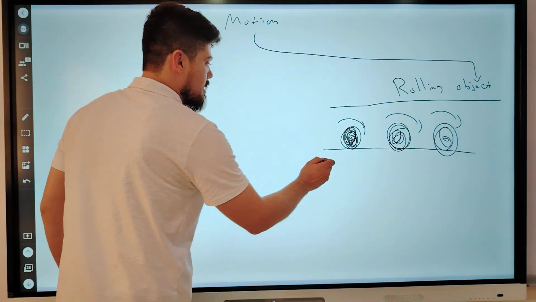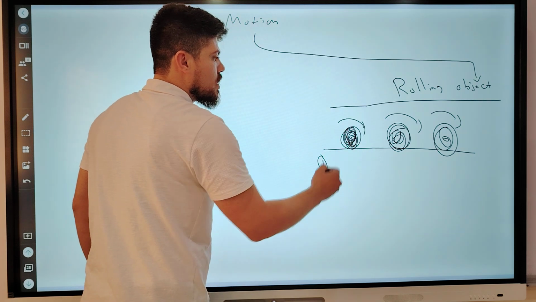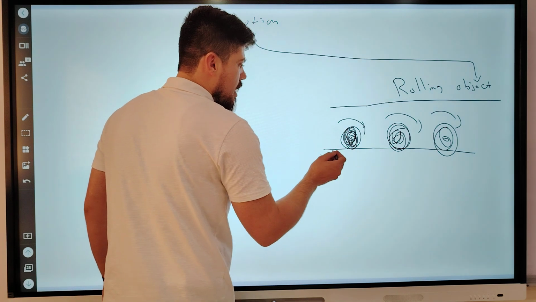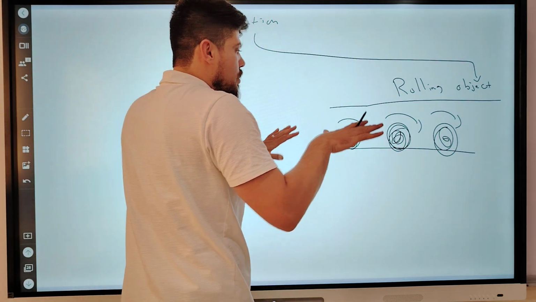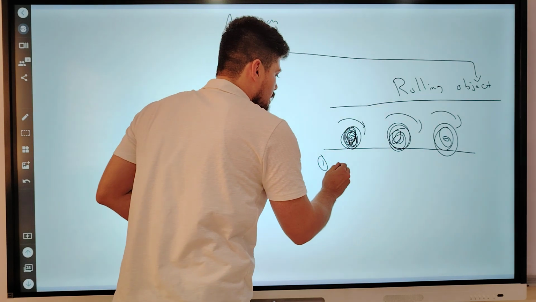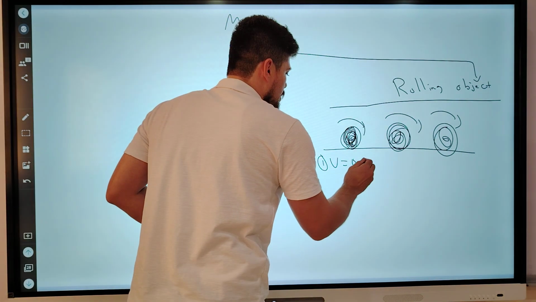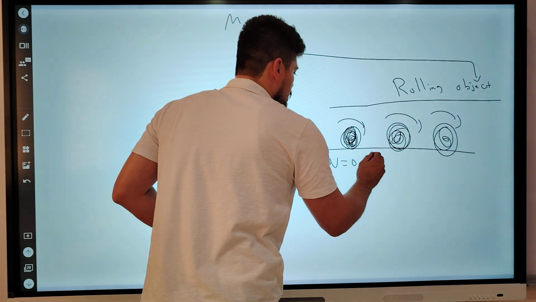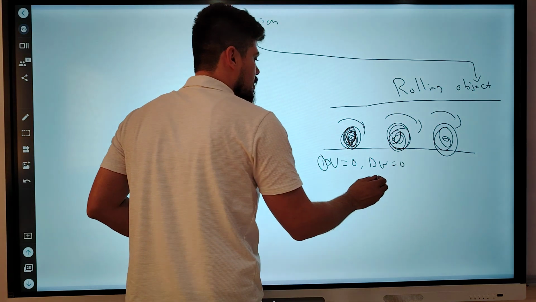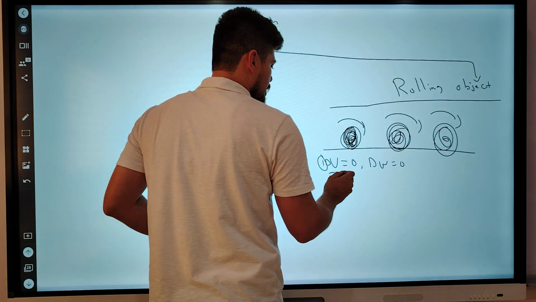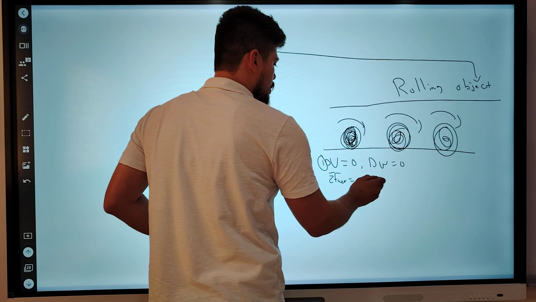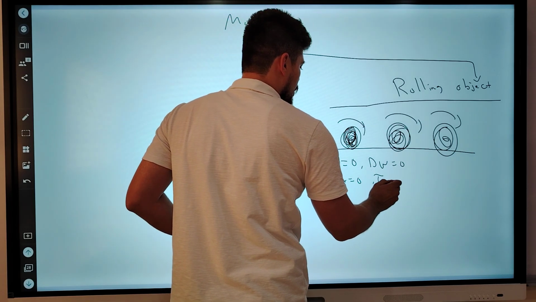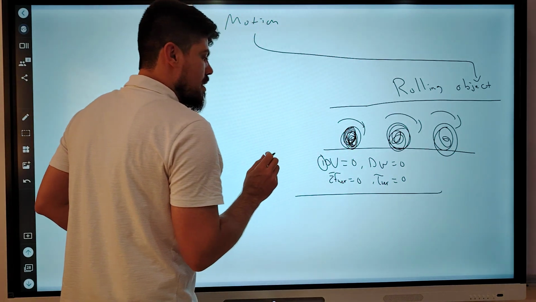Okay? So in that case, if the object is moving with a constant velocity, or when the object is at rest, V is 0, delta V is 0, omega is 0. When delta V is 0, net force is also 0, net torque is also 0.